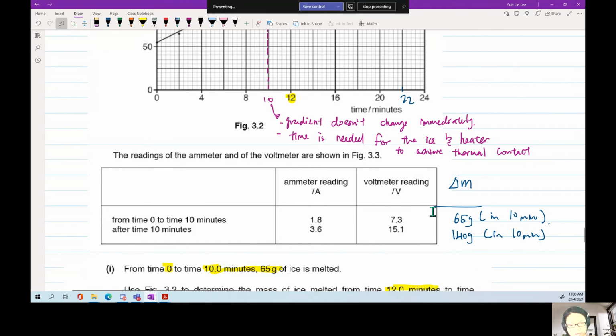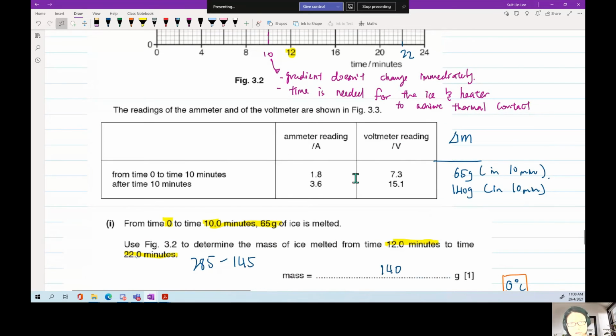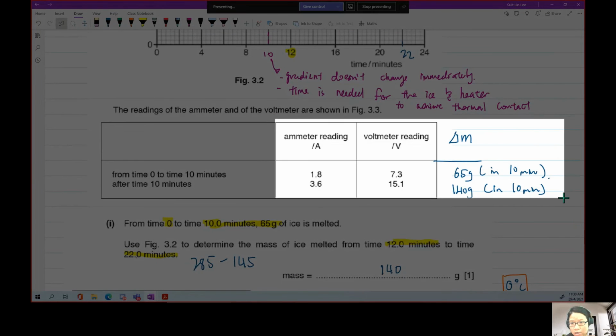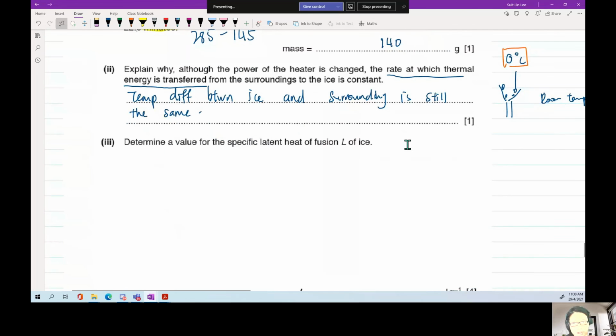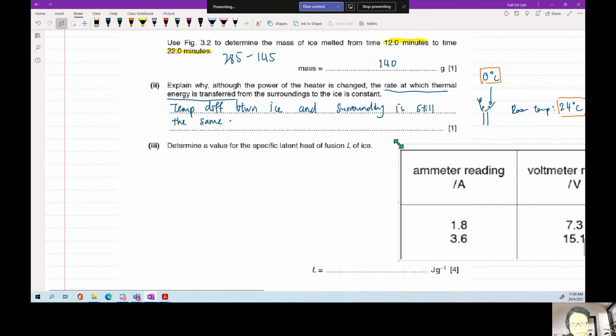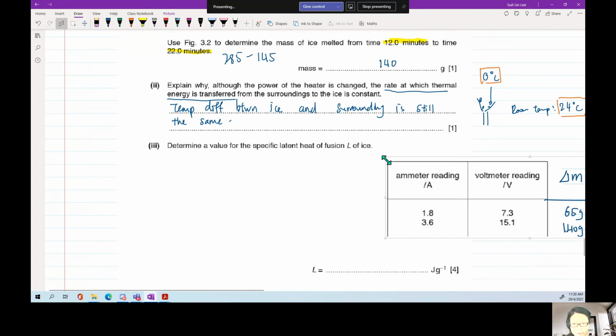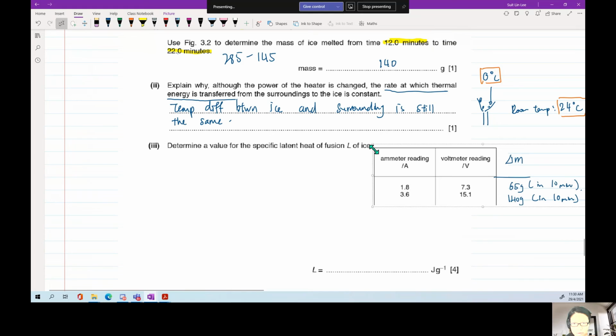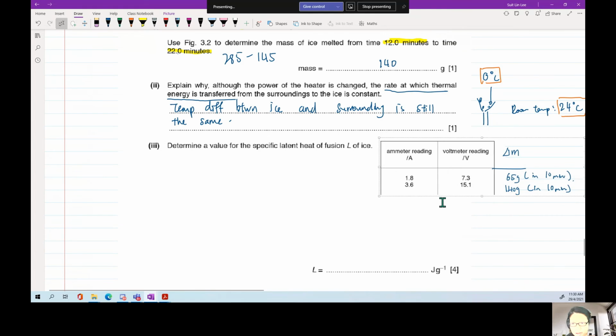So right now we have these values and we can think about the conservation of energy. I'm going to crop the values and put them here for easy reference. Right now, the ice is melting.